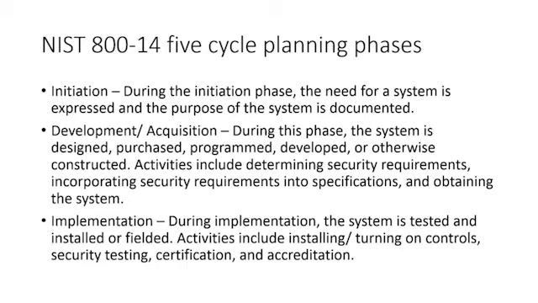That's what I mentioned earlier with those other steps. We're talking about incorporating security requirements into specifications and then obtaining the system. We're going to look at our requirements for our organization, our infrastructure, what policies we have, and determine security requirements and bring this in or develop it ourselves, but somehow we're going to obtain this system.